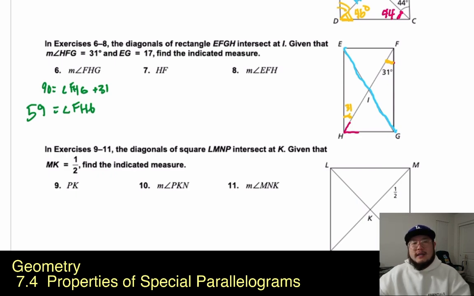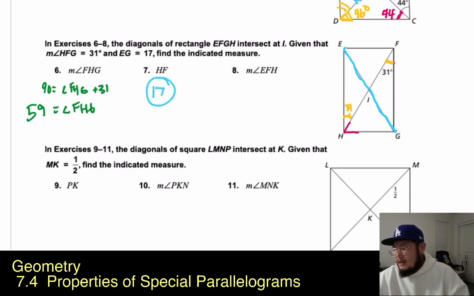Let's take a look next up at number 8. We have angle EFH. Where's E, F, and H? Okay, so we're taking a look right here. Angle EFH is at the top right angle. And if I match it up with the colors, alternate interior angles, they're congruent.